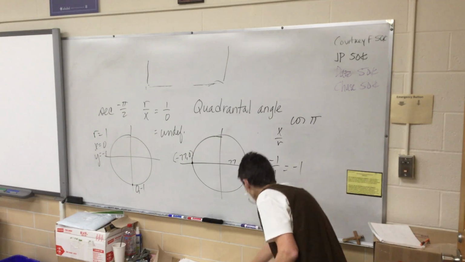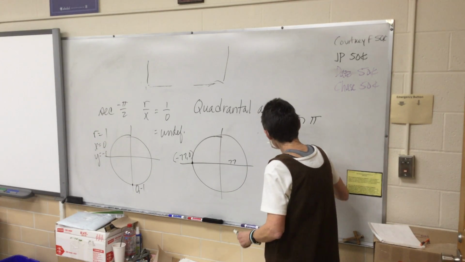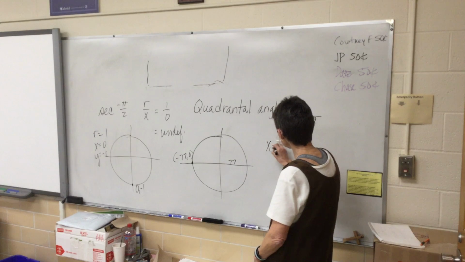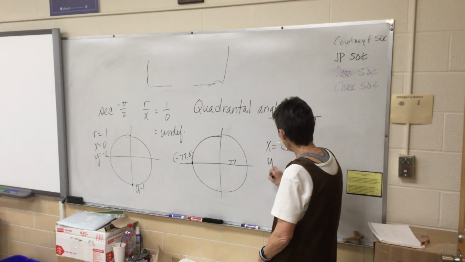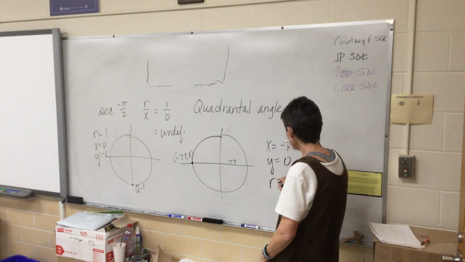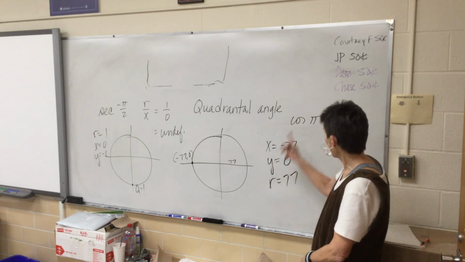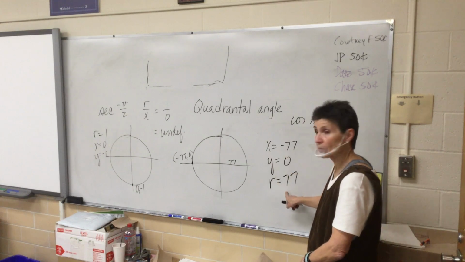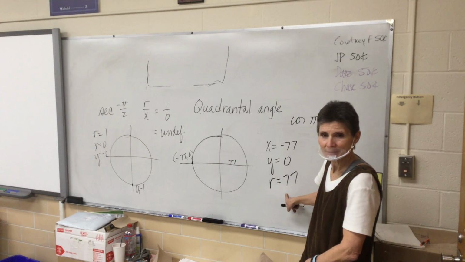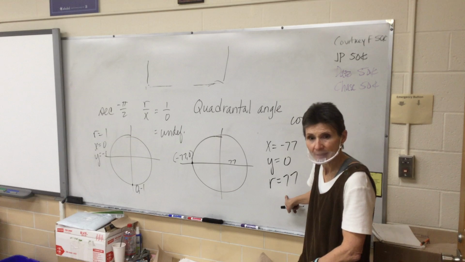So now, my values, x is -77, y is 0, and r is 77. Cosine is x over r. What's going to happen? I still get -1, don't I?